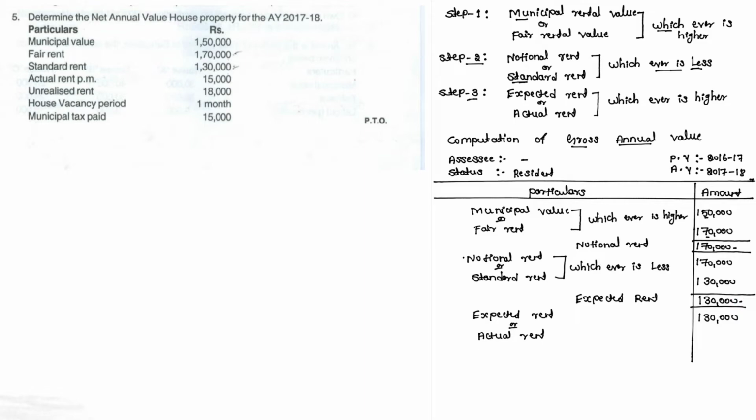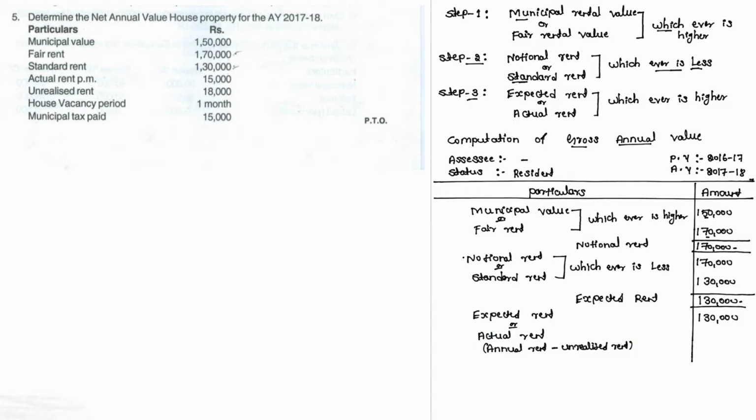Actual rent we have to identify. So for that we have a formula. Formula is annual rent minus unrealized rent.